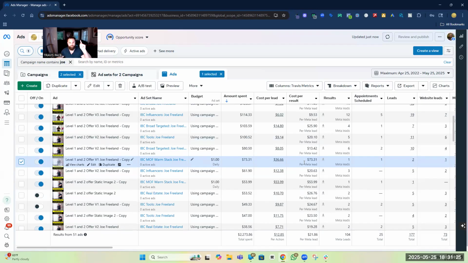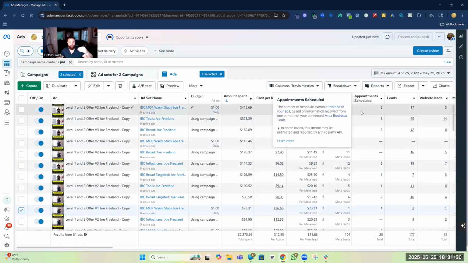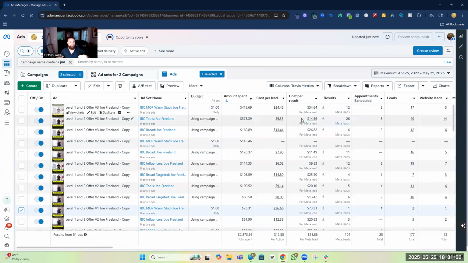When you're able to get $9 leads, you should never pay $73 for a lead. But what we were looking at was we're paying $73 for the appointment, right? So it actually was able to convert an appointment at $73, which is better than the $75 or the $85 that it was getting up here for cheaper leads, right?